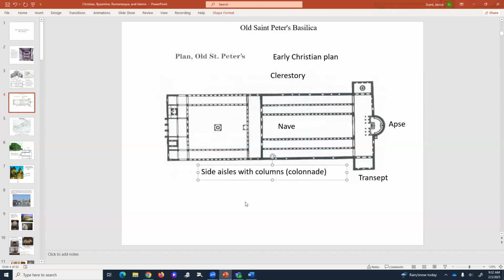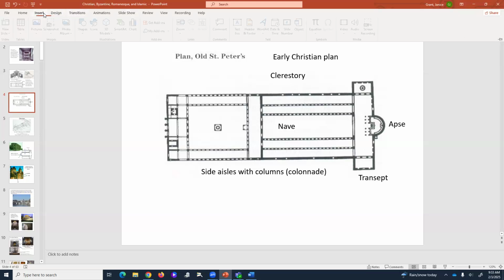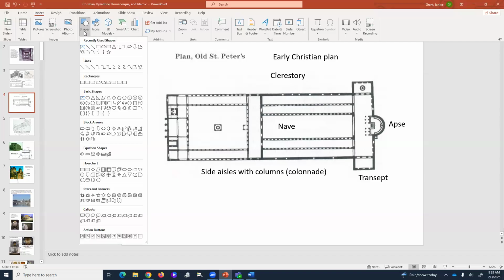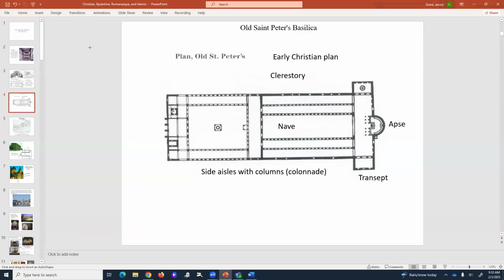Okay. Just to get a sense of where everything is and to understand it. I want to bring in here an arrow, and I think I can do it this way.